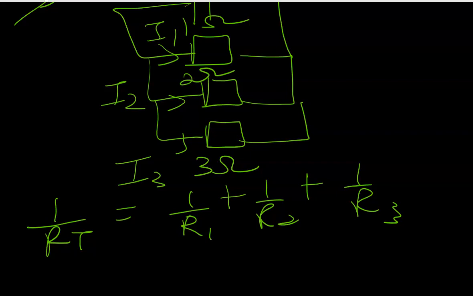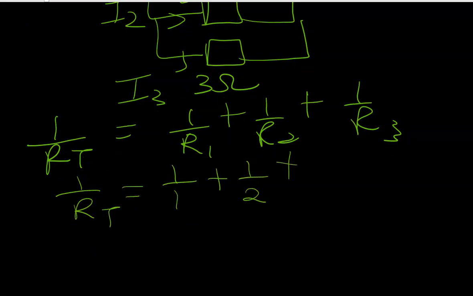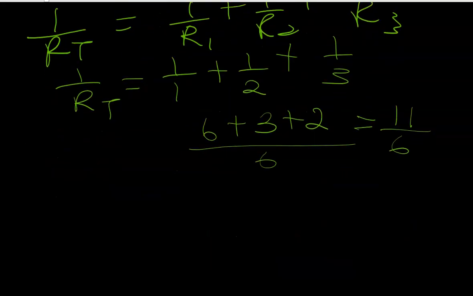So 1 over R_T is 1 over 1 plus 1 over 2 plus 1 over 3. Find the LCM. That's 6 plus 3 plus 2, which is 11 over 6. Therefore R_T is 6 over 11 ohms.